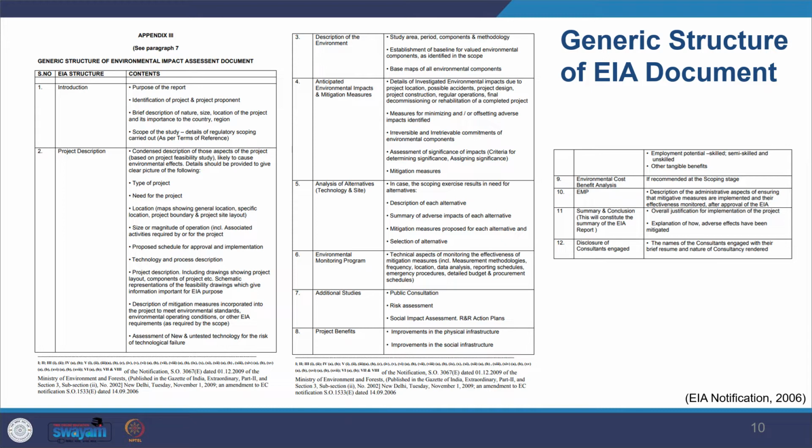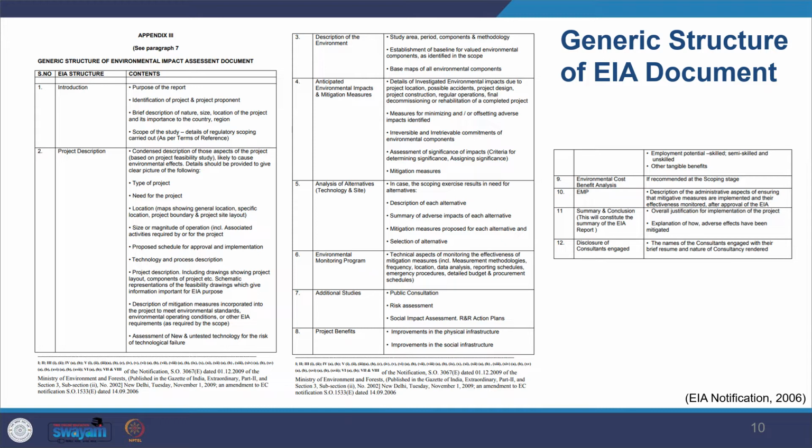So it would tell about the type of project, need for the project, and then location, size or magnitude of operation, at what scale it is going to operate, and proposed schedule for approval and implementation. So what's the schedule which has been followed, and then the technology and the process description.